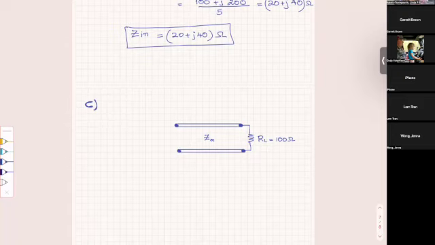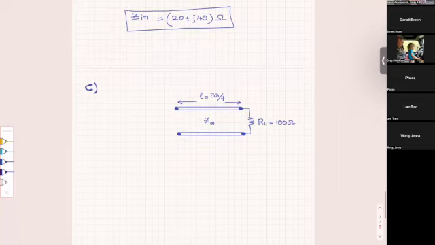Let's assume that L equals three quarters of a wavelength.